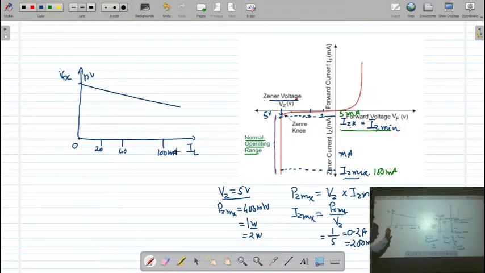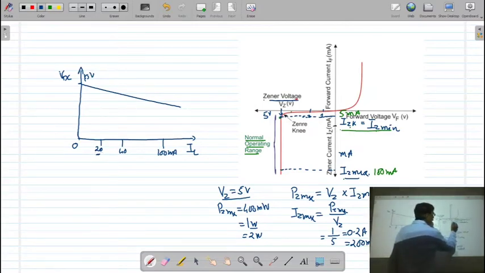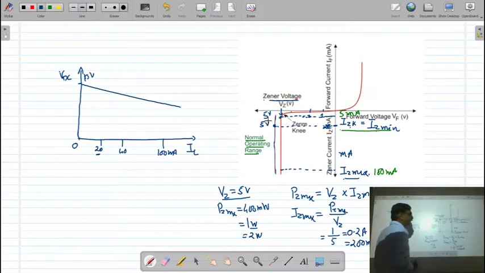Okay? So in an ordinary power supply, as we increase the current, the voltage goes on decreasing. But if you look at the characteristics of the Zener diode, when the current is 20 milliampere, what is the voltage across the diode? It is 5 volts. Correct?